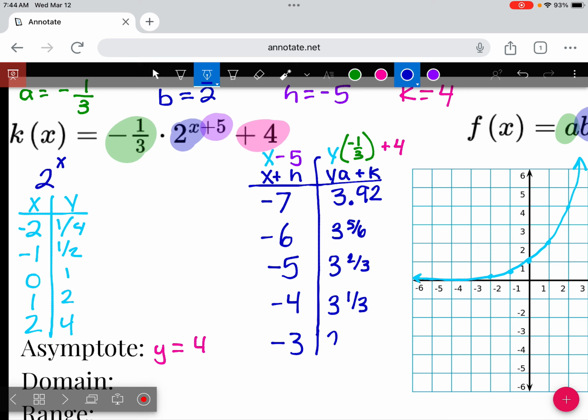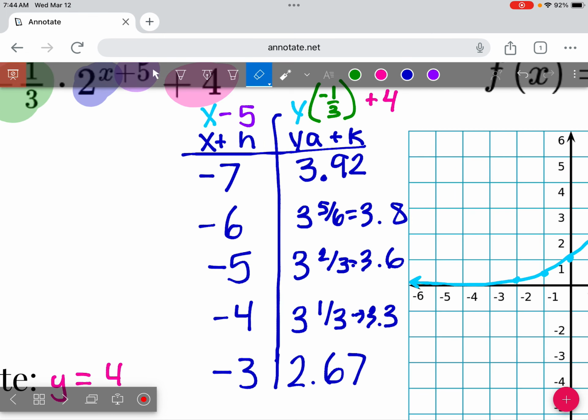What'd you get? That one's 2.67. Is it 6 repeating? Yeah, 6 repeating, 7. So this one would be 3.3 repeating. This one's 3.6 repeating, and this one's 3.8. I rounded to the second decimal place.